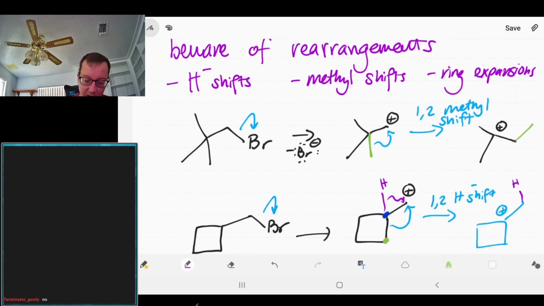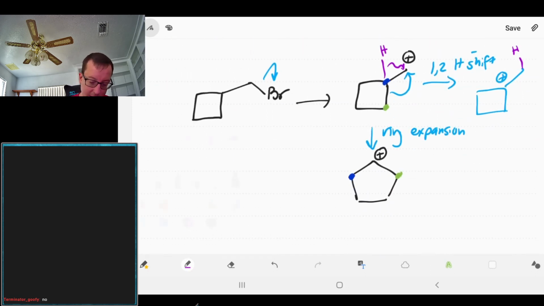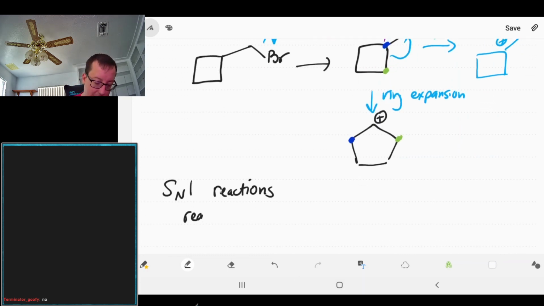If we want to just take a look at SN1 reactions, in sort of conditions we want, typically your reactants are a protic solvent plus its conjugate base.